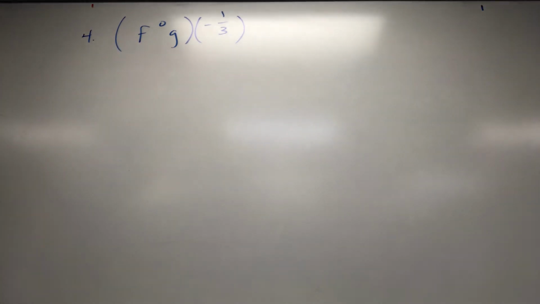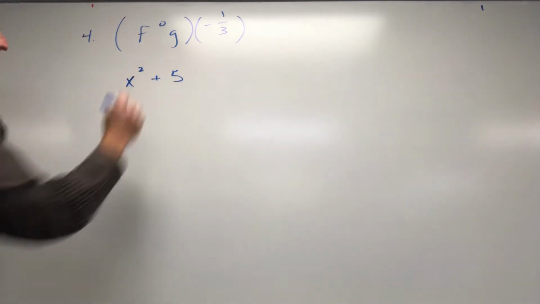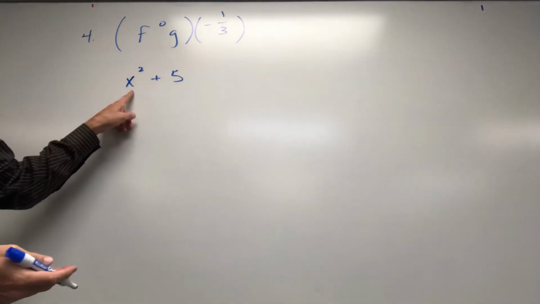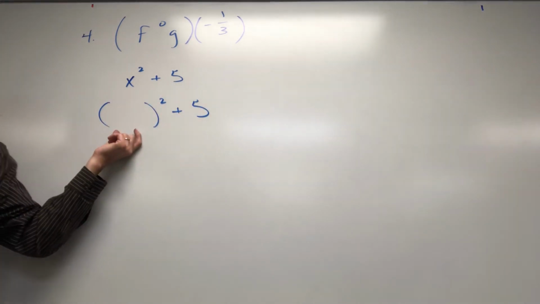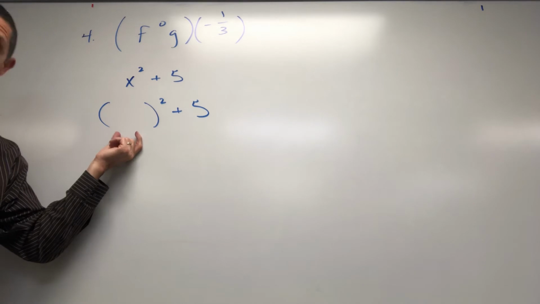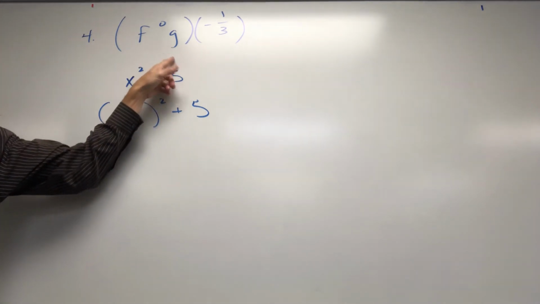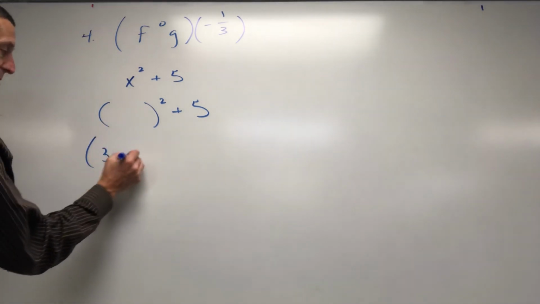You write down your F function, which is just x squared plus 5. F is first. You write x squared plus 5. Now, anywhere that you have the x, you're going to open up and make a substitution. What you plug in is your second letter, G. G is what plugs in there. So G is going to be 3x plus 7.